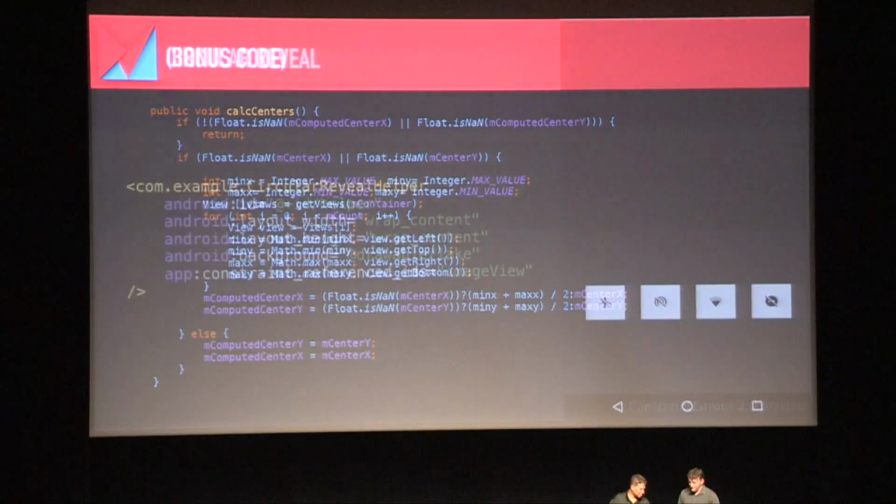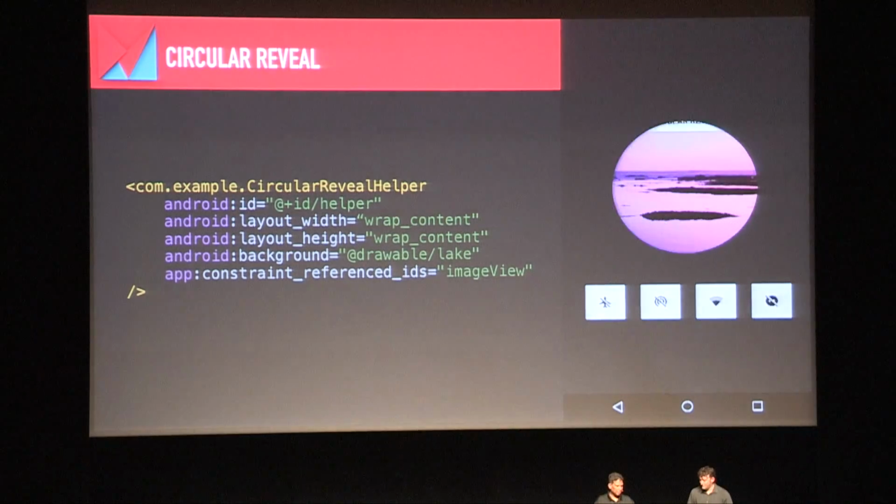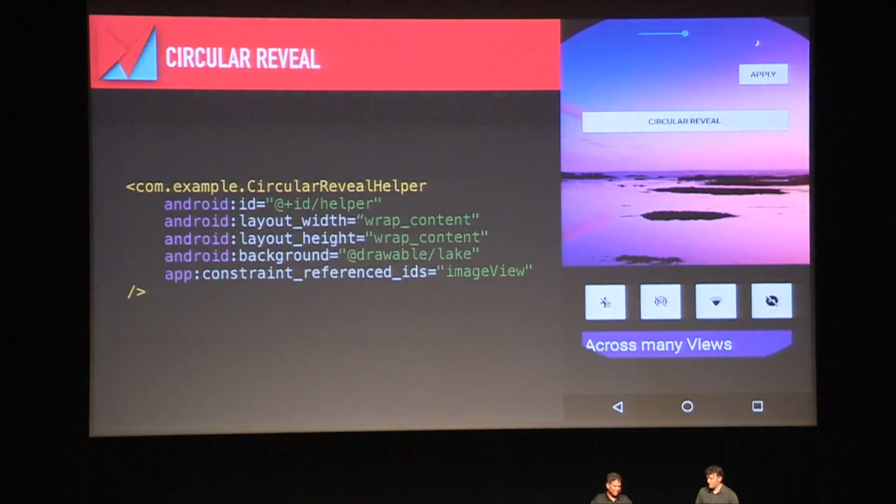And we can skip the calculation. So here's another example. This one is a circular reveal. This one is done a little bit interestingly because you can actually produce a circular reveal which is revealing a bunch of components.